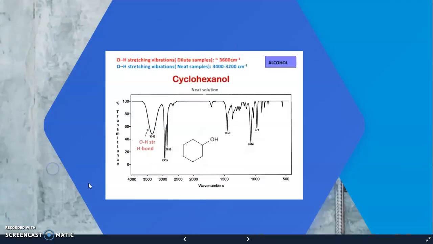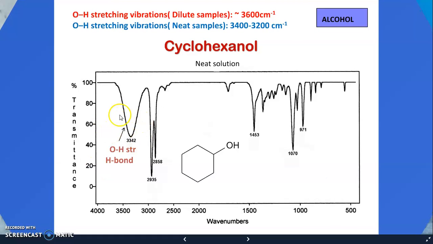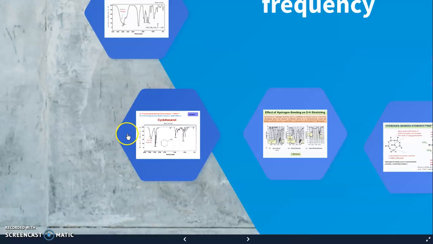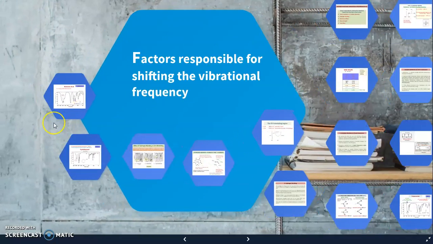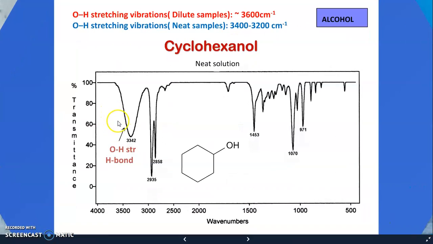Now we can see that this spectrum is for the hydroxy group of cyclohexanol, which shows the OH stretching in the concentrated solution at about 3400 to 3200. If you see another example of an acid, it is also showing a broad peak between 3400 and 3200 in cyclohexanol.